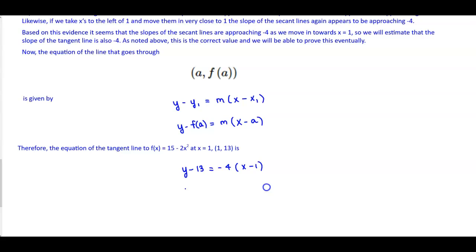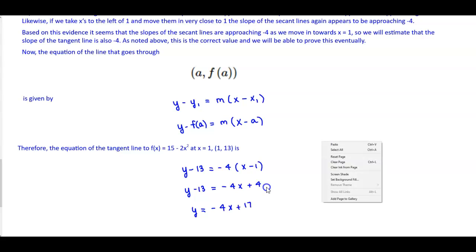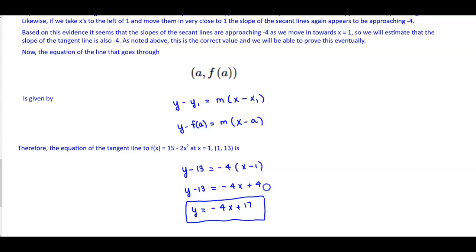Now let's solve for y. We have y minus 13 equals negative 4x plus 4. If we add 13 to both sides, we get negative 4x plus 17. Therefore, that is the equation of the line that is tangent to that curve.